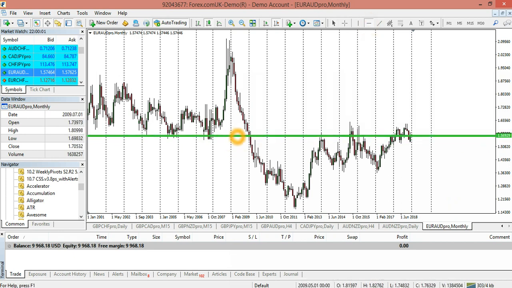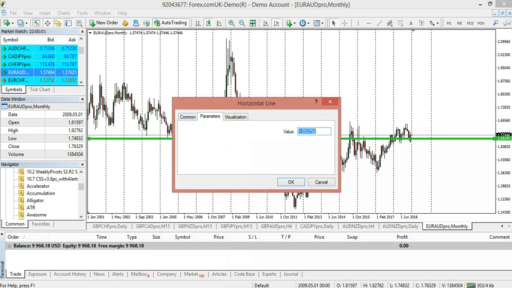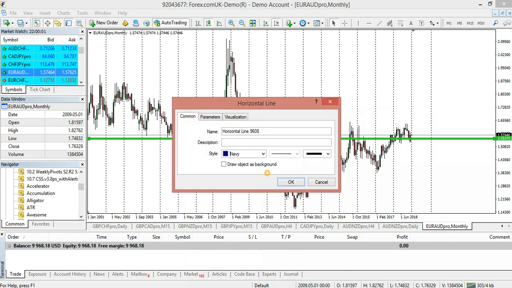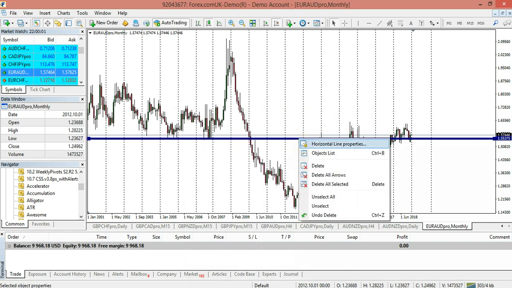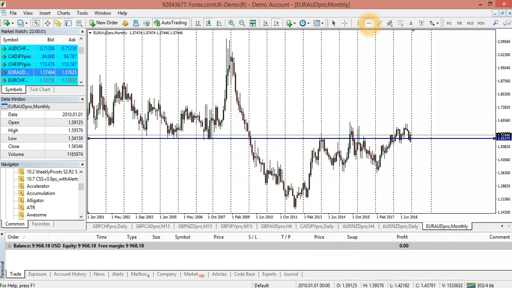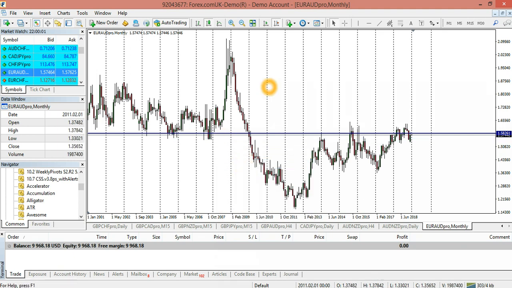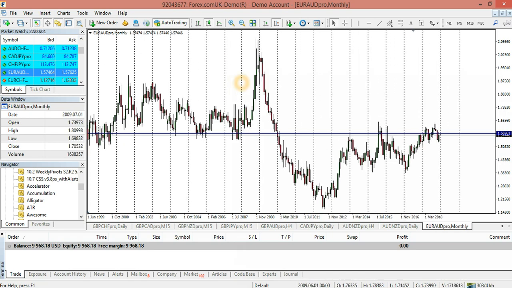I see something unique in and about this region. I'm going to create a little area here so that you can also see it. Make this line a little thinner. I look left, and I see something very unique. One of the things that is very unique about this is that the market tends to U-turn in and around this line. That's one of the major things that I look for.